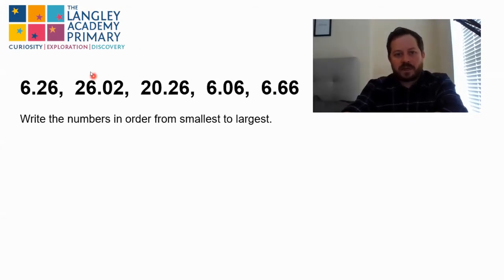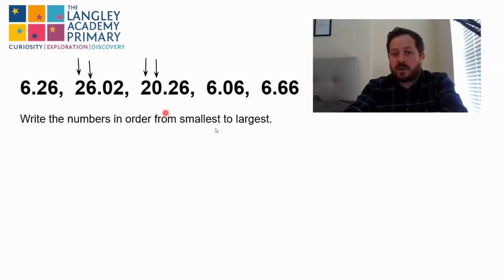So we look at the tens column and we can see that in both cases, the tens column is identical. So we can't place either of them yet. We look in our next column, we've got a 6 here in our ones column and a 0 here in our ones column. Now, what that means is that we know that this number is larger because 6 is larger than 0.